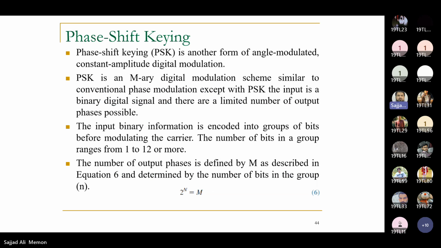And then we have PSK. PSK is another form of angle modulated, constant amplitude digital modulation. It's an M-ary digital modulation scheme. It's similar to conventional phase modulation, except that with PSK the input is a binary digital signal and there are a limited number of output phases possible.